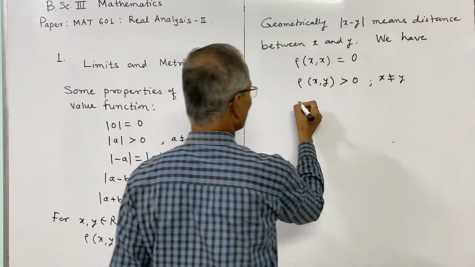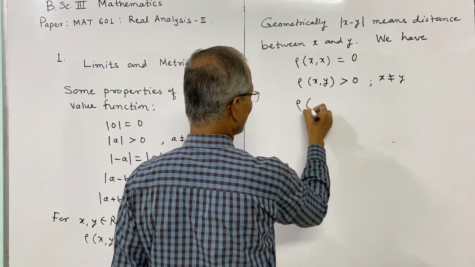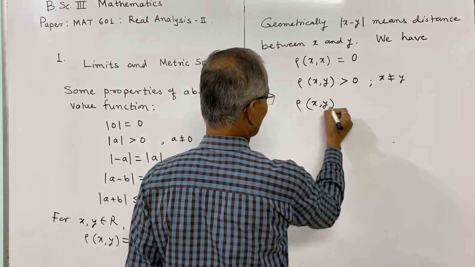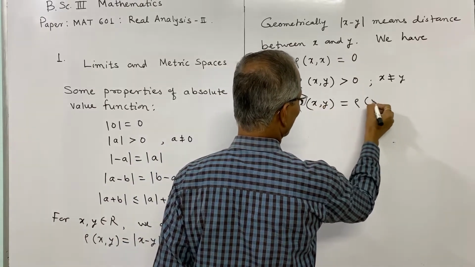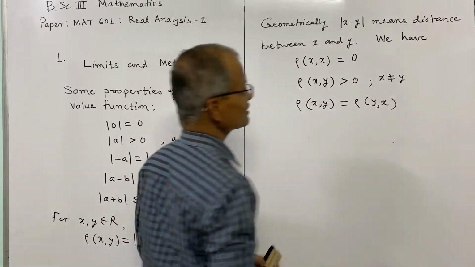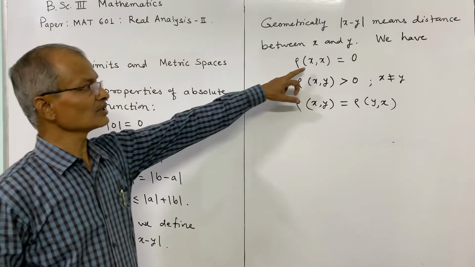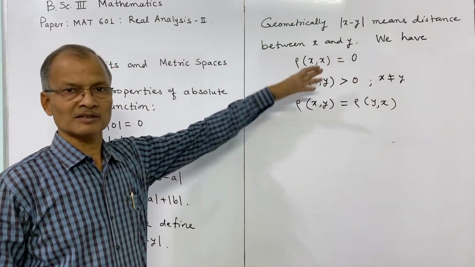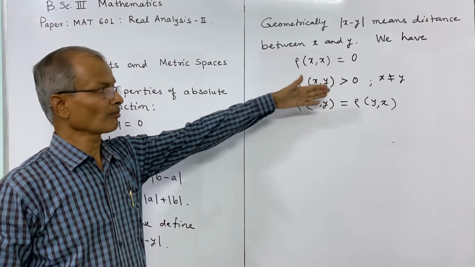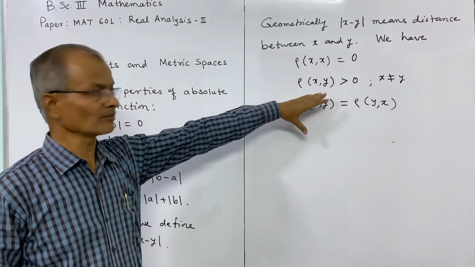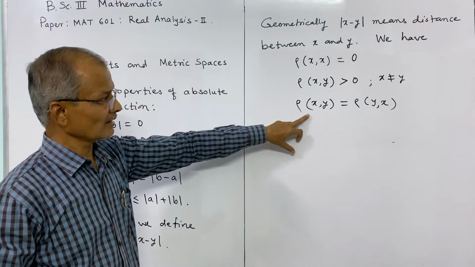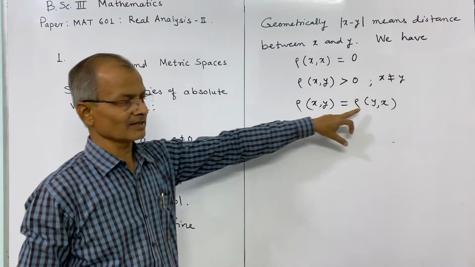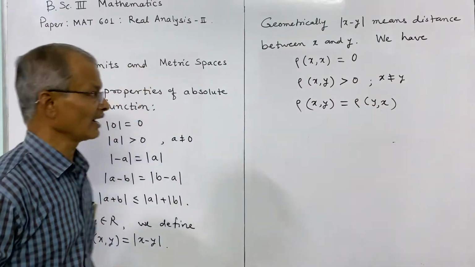And again, rho of x and y is the same as rho of y and x. So what is the geometrical meaning of this? Distance between x and x is 0. Distance between x and y is positive when x and y are distinct points, and the distance between x and y is the same as the distance between y and x.